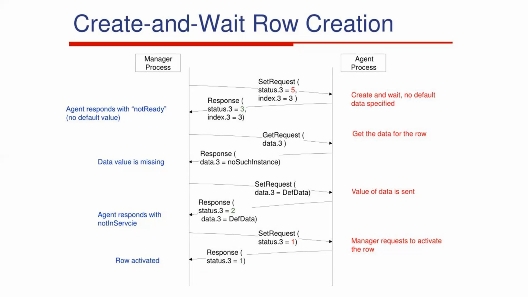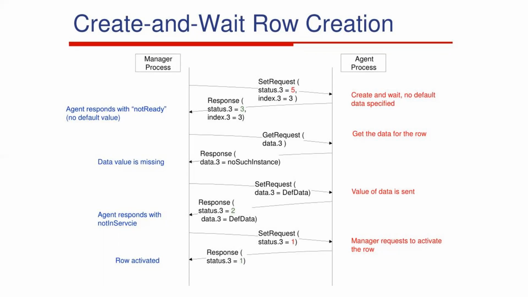Hence, the agent process responds with a status value of 3, which is not ready. Then the manager sends a get request to get the data for the row. The agent responds with a no such instance message, indicating that the data value is missing.